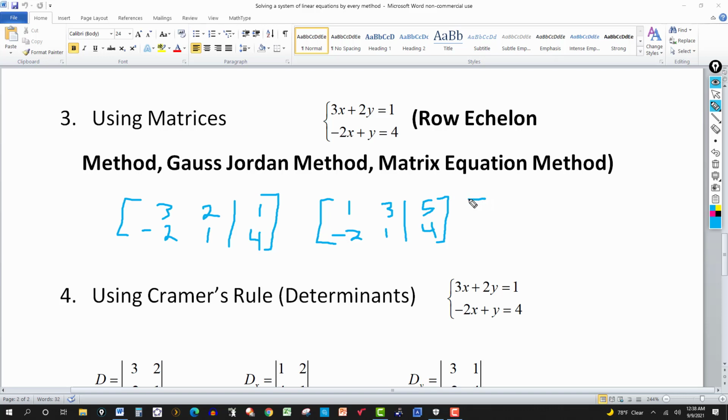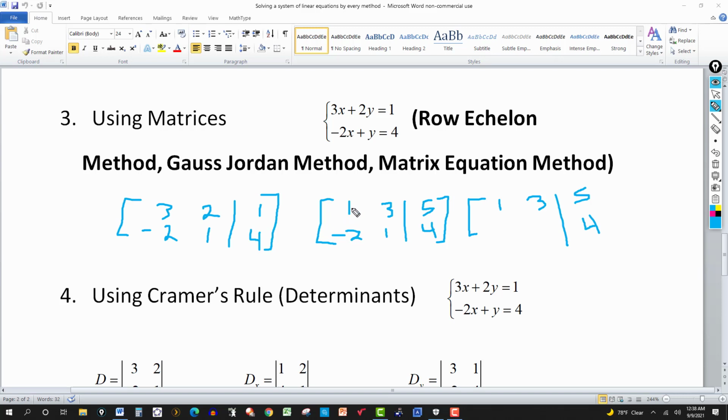Now, on the next one, I'm going to leave the first row the way it is. Now I'm going to make this minus 2 a 0. So how can I make that into a 0? That's the equivalent of eliminating one variable, x, here. So I'm going to multiply the first row by 2, just mentally, and add to the second.